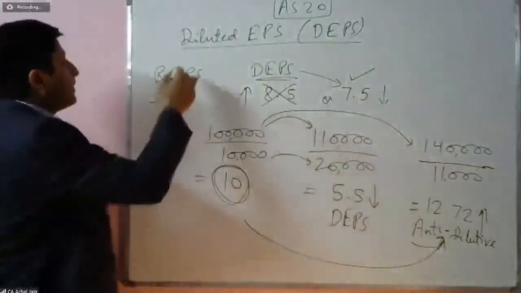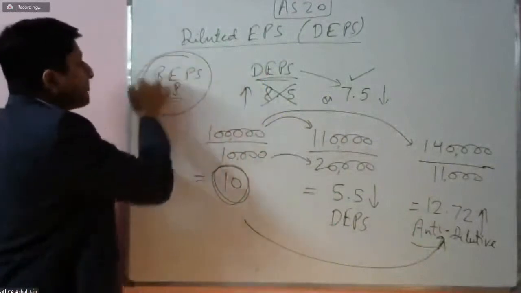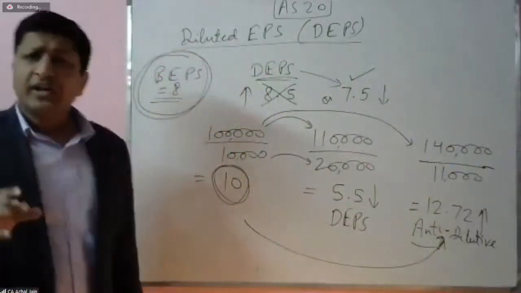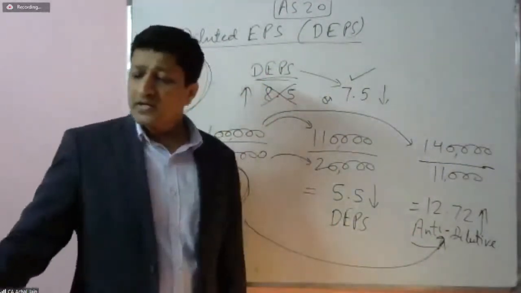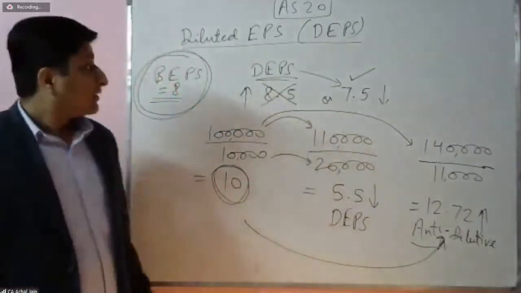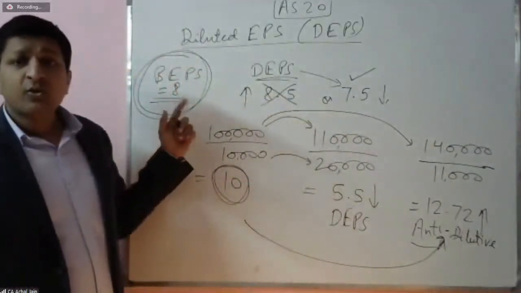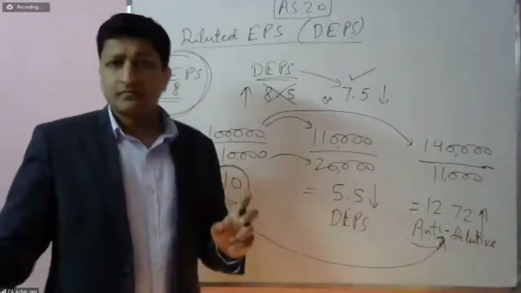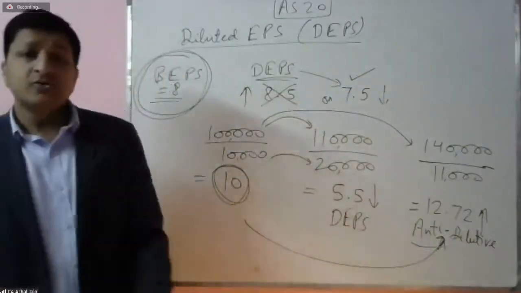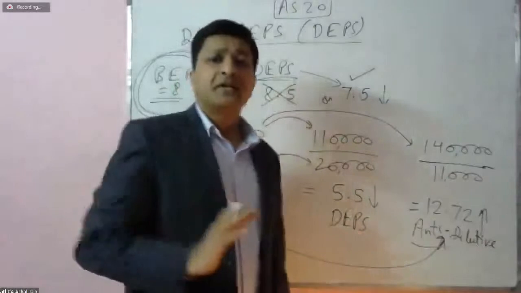Please remember that the DPS is also computed wherein you are going by the same understanding that the debenture holders will get the interest. And the standard is nowhere stopping you from paying the interest.